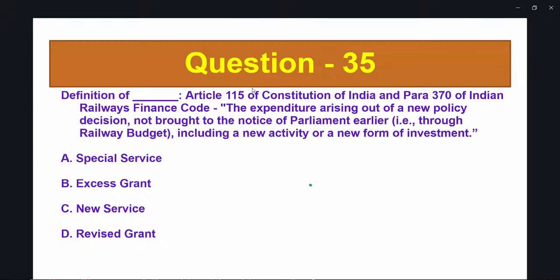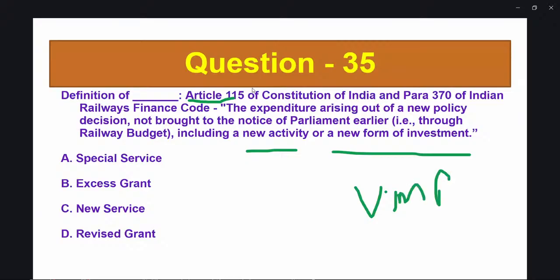Yeah, this is very important. Article 115. The expenditure arising out of a new policy not brought to the notice of Parliament through the railway budget, including a new activity or new form of investments. Very important. Please attend. Yes, it is the new service.